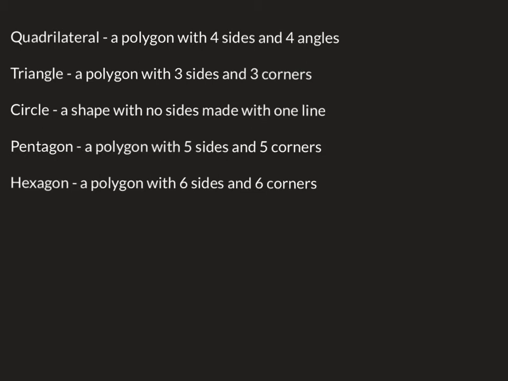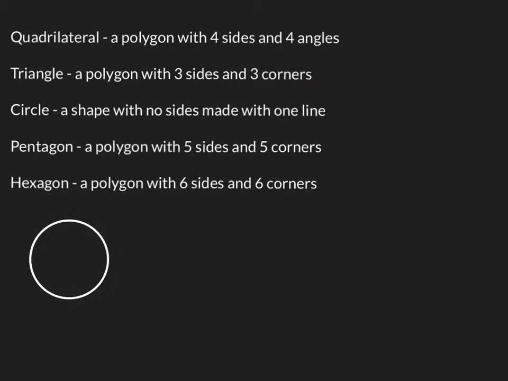A circle is a shape with no sides made up of one line. Now, let's make one that doesn't have a filling so we can see. This circle doesn't have any corners. So it doesn't have any sides. Instead, it's just one line that connects to itself.